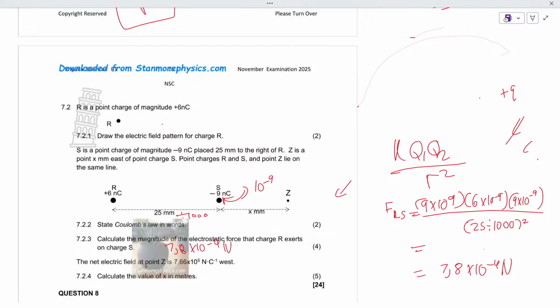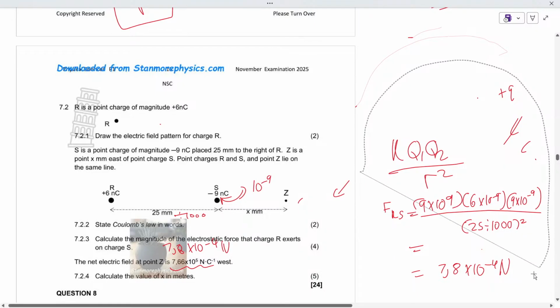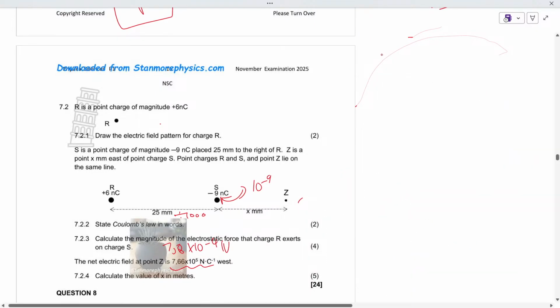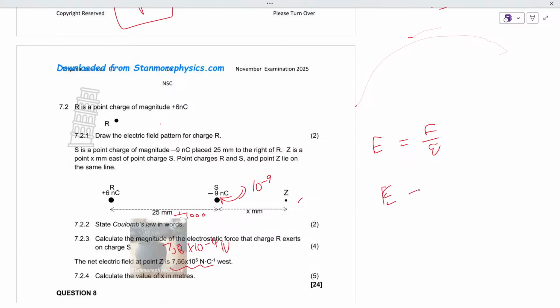And then they say the net electric field at point Z is this one. So there is a net electric field. And then they say calculate the value of X in meters. So we were just doing the E-net in grade 12. There are two formulas for calculating E-net. E-net equals force over Q, and E-net equals KQ over R squared.